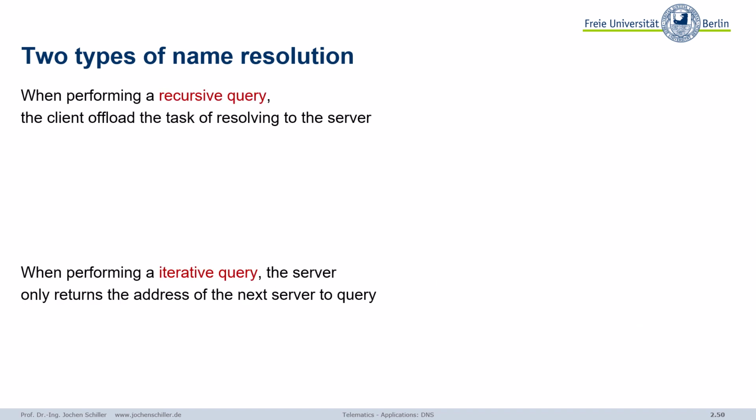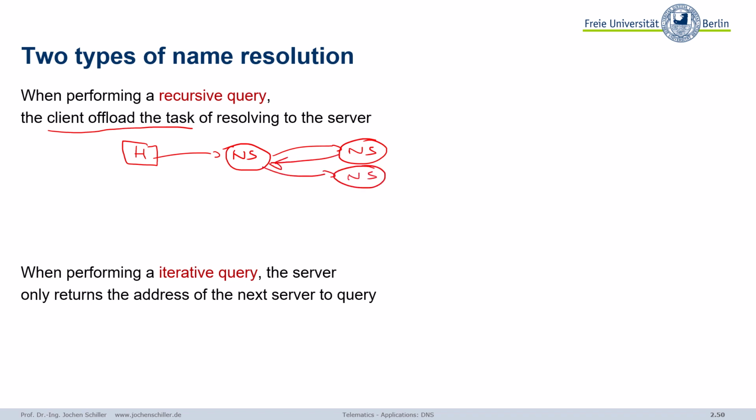What does it mean? Once more, and then I will give you an example for this. Basically, recursive is nice because the client offloads the task. So our host simply says, you name server, please handle the problem. And maybe this name server has to contact another one. If this doesn't give back the answer, then you contact yet another one. And if this still does not give the correct answer, then you have to contact yet another one.